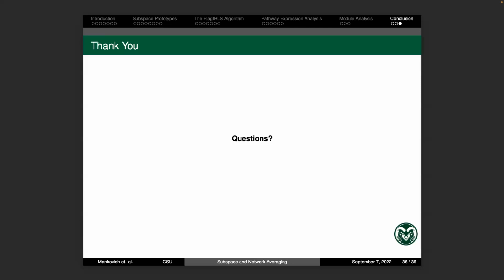No, this is great. So the flag IRLS algorithm, it's actually really interesting, just in terms of background. There is an algorithm that is essentially the same thing, called dual principal component pursuit, and that's been around for quite a while.